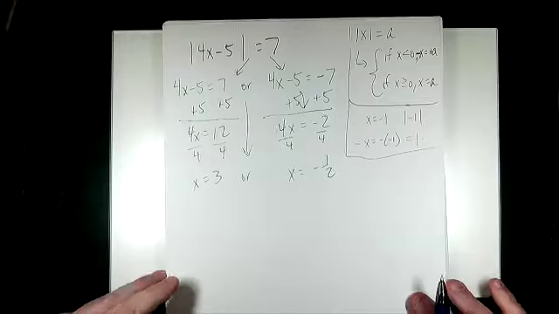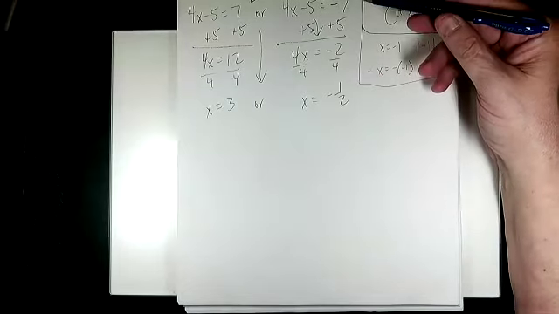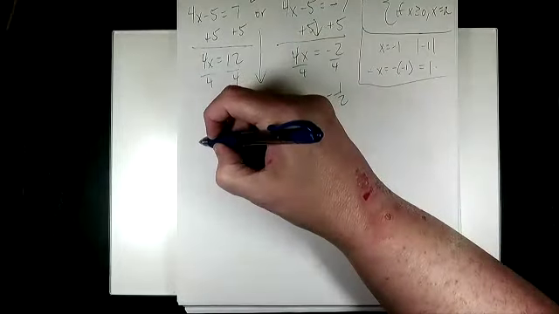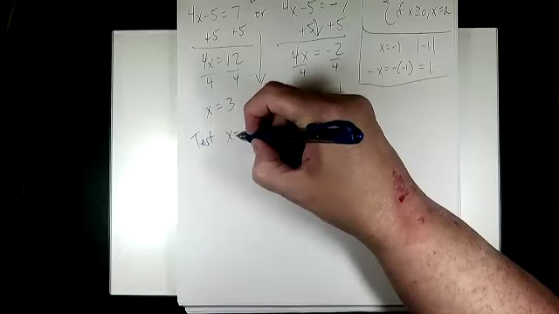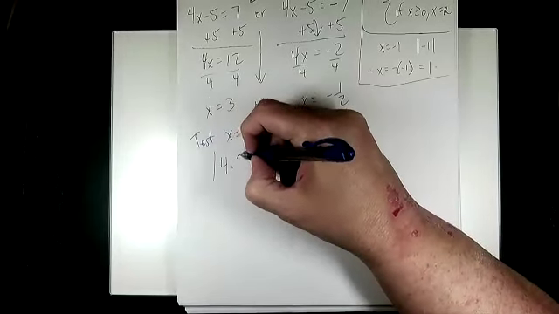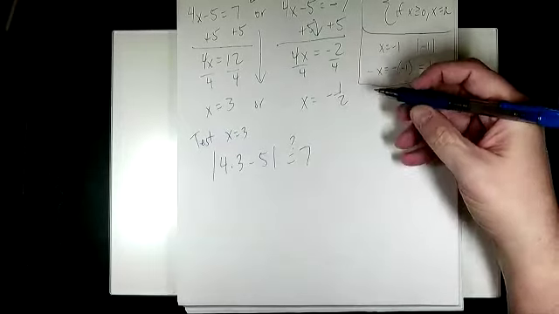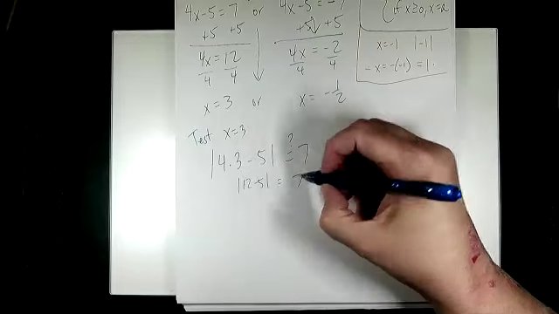Alright. So we have two answers that work here, and we can put either one in, and it should make a true statement. You can always check it. Let's stick in 3. Test the points. x equals 3. The absolute value of 4 times 3 minus 5, does that equal 7? The absolute value of 12 minus 5 does equal 7.